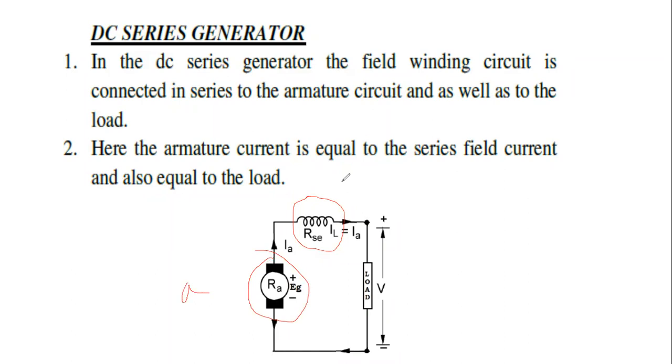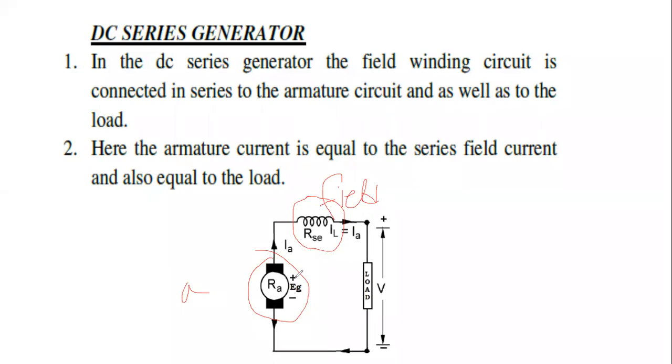When the field winding and the armature are connected in series, it is called a DC series generator. The field winding and the armature are connected in series.